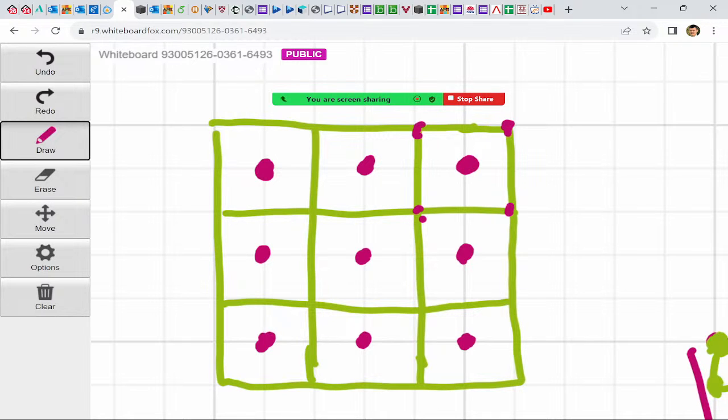But it reaches another red dot within 4. Yeah, so everything reaches a red dot within 4, right? So the claim is you can only put 4 things in one of these squares, right?